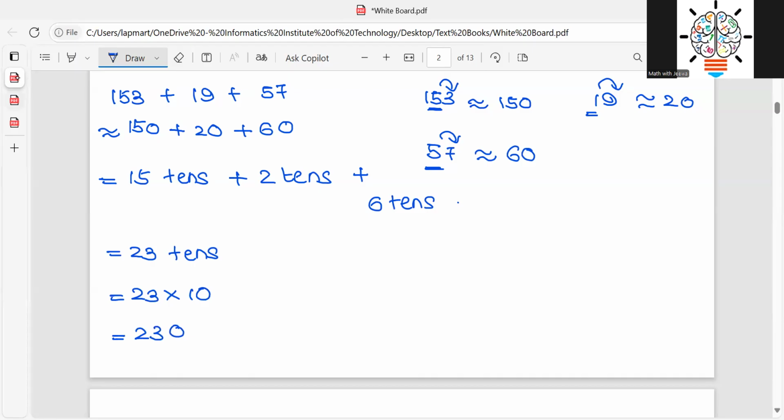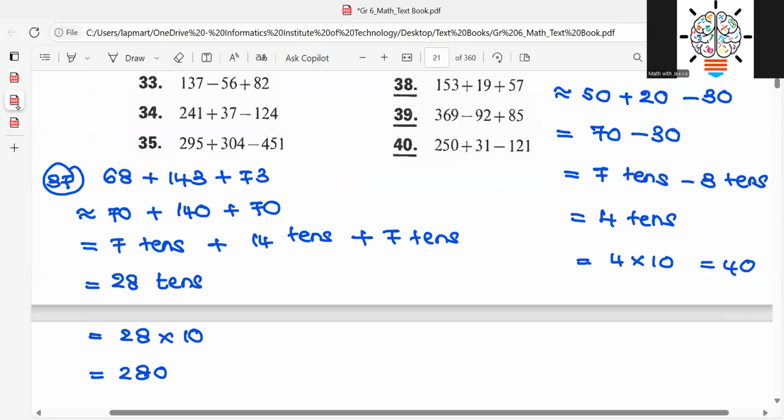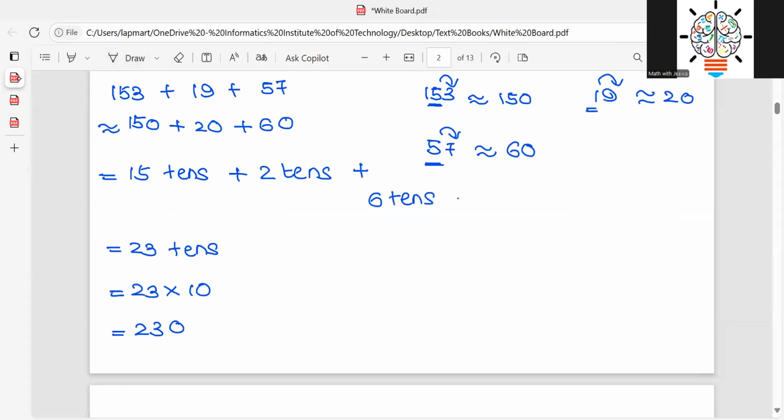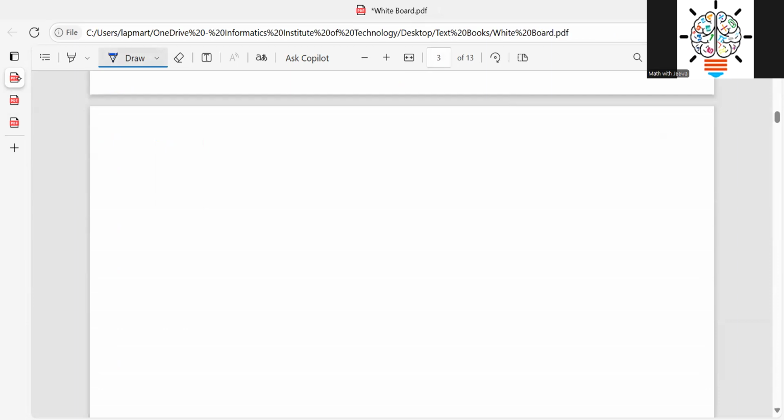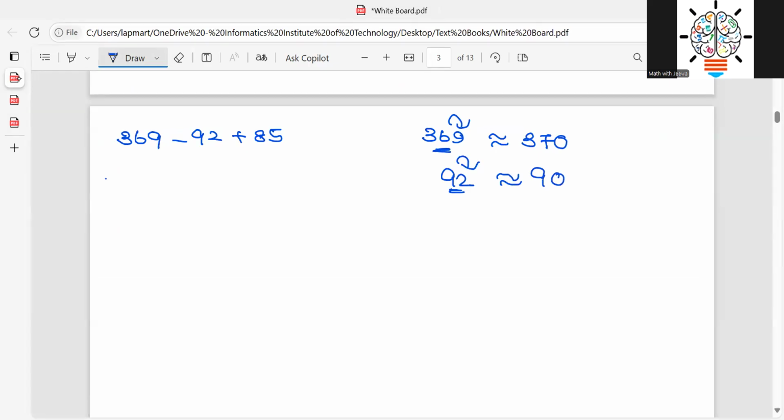Right? So then we do have another 2. So 369 minus 92 plus 85. So here we write 369 minus 92 plus 85. So approximately, 369 you can write as 370. 92 you can look at and write as 90. Right?